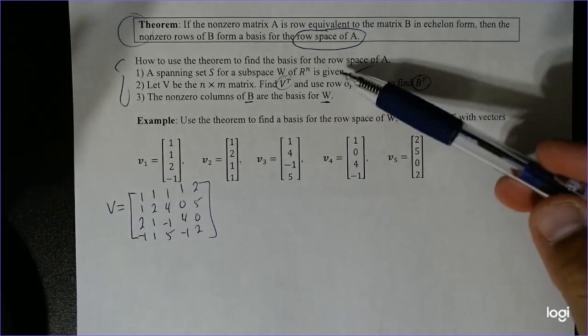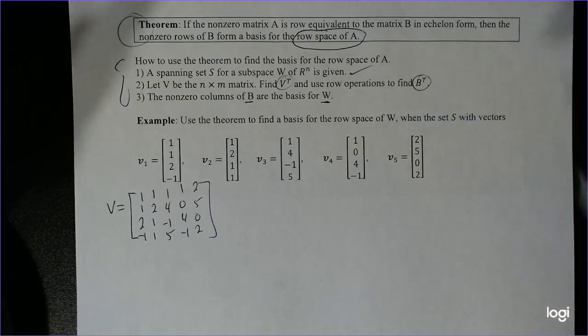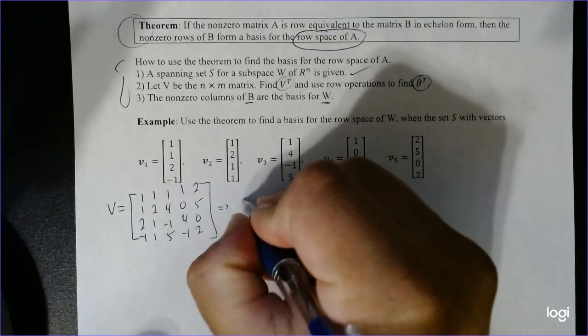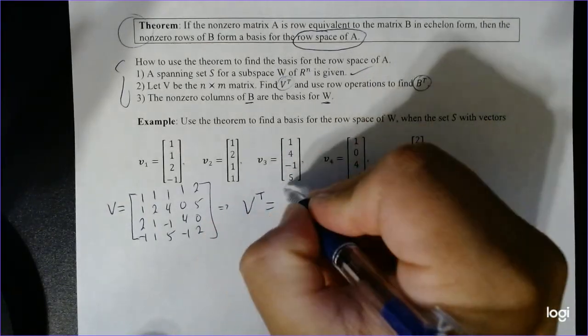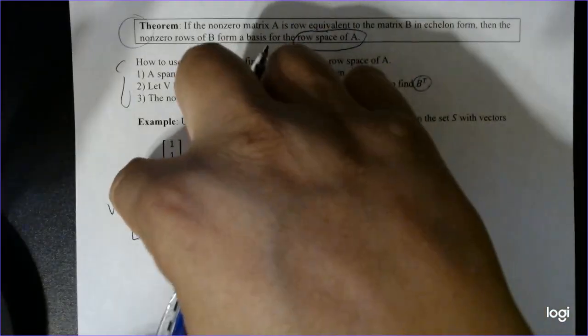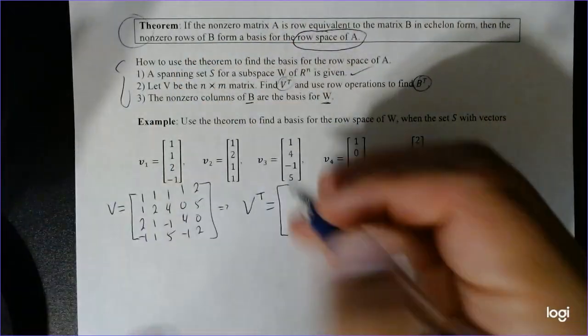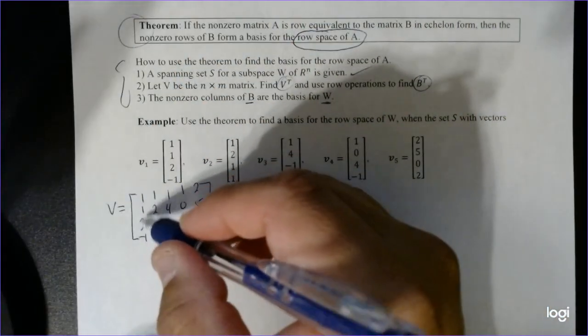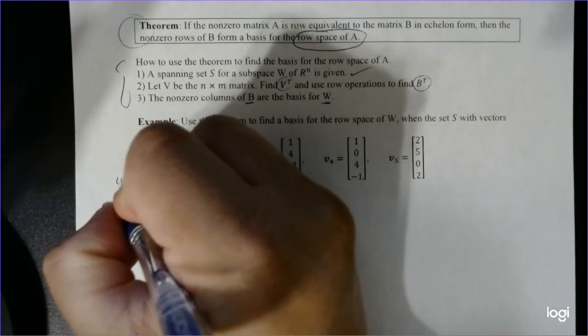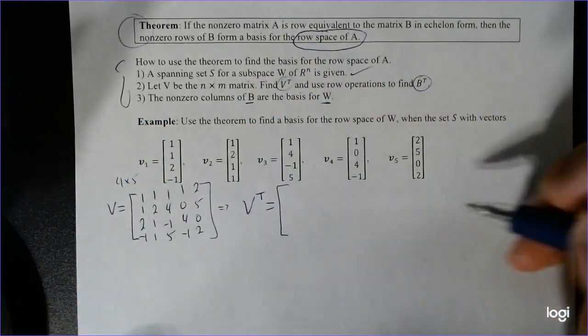To do step 2, I'm just going to find V transpose. Now everything just flips completely around. So now instead of being a 4 by 5 matrix, it becomes a 5 by 4 matrix.